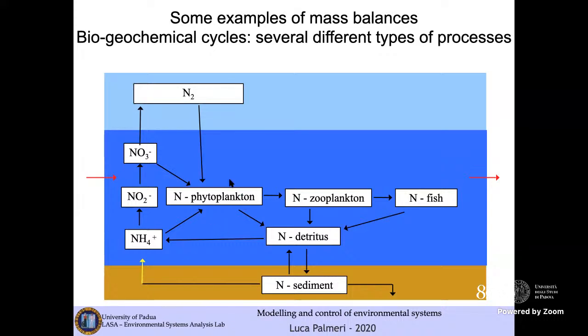So how do we do the balance? Try balancing the nitrogen currency by making explicit the flows of nitrogen between these various compartments. Please note what we are employing here. We are in the conceptualization phase, and we are employing the box and arrows model in order to describe state variables as boxes and processes as arrows.